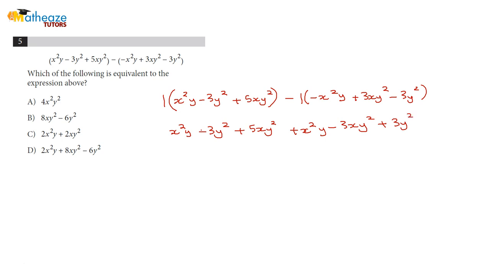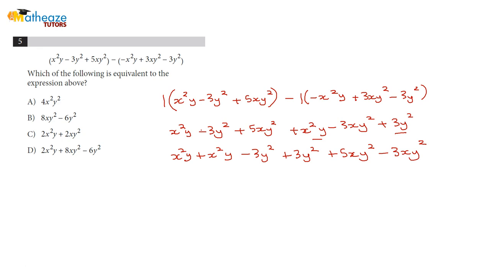Now let's group common terms. So we have x squared y, and then we have another x squared y here. Then we have minus 3y squared here, and then we have plus 3y squared, and then we have 5xy squared, and then minus 3xy squared.